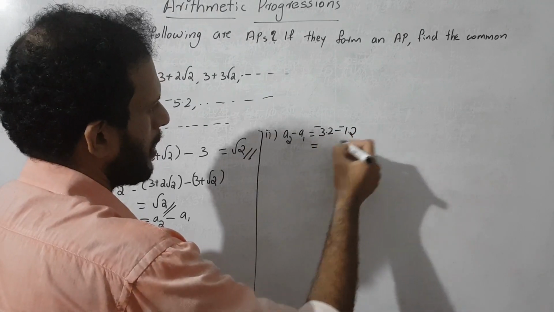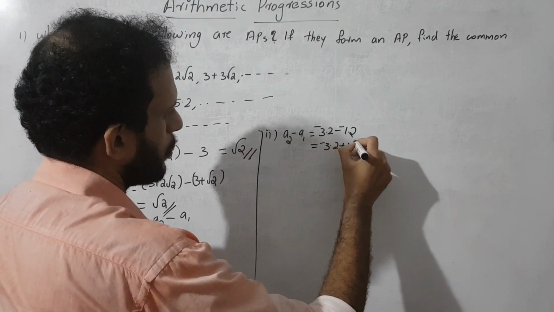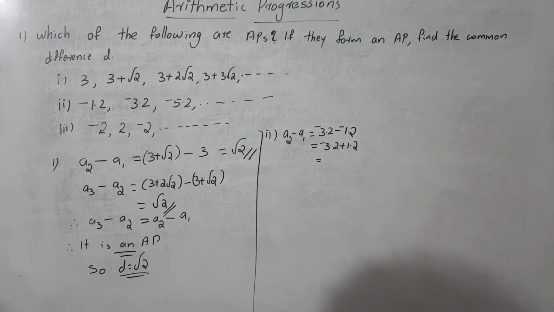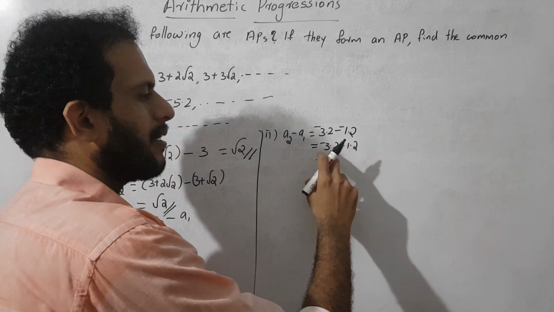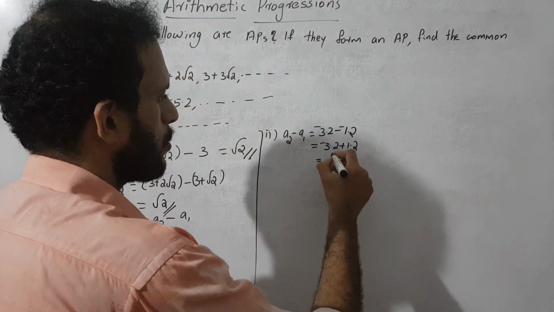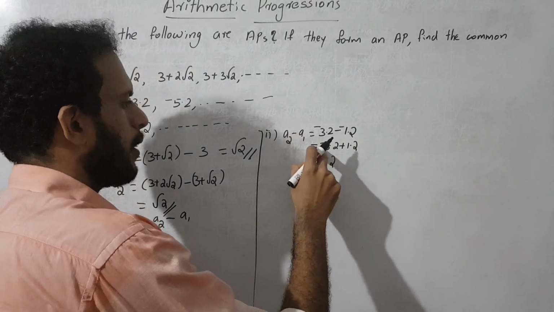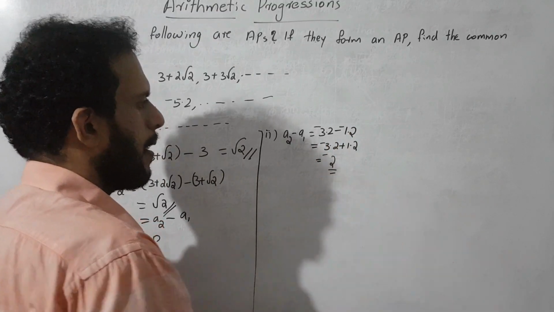Then minus 3.2 plus 1.2. Here we subtract 3.2 minus 1.2. Correct? The answer is 2. So what is the sign of 2? That is the sign of the bigger one, that is minus 2. Correct?